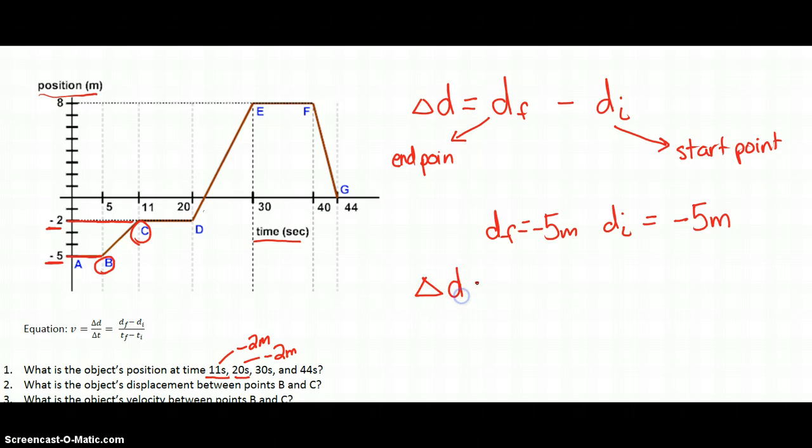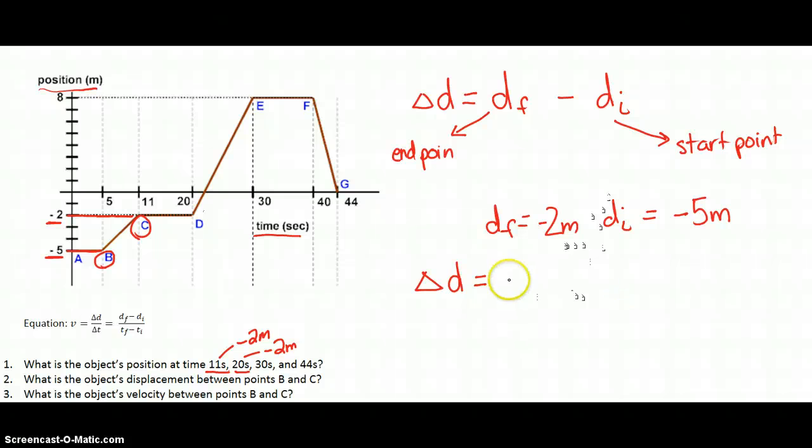Oops, sorry. I wrote that down wrong. Final position was negative 2 meters. Final end position, negative 2 meters minus negative 5 meters.